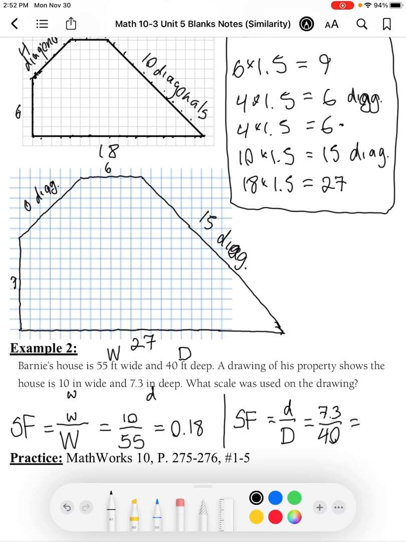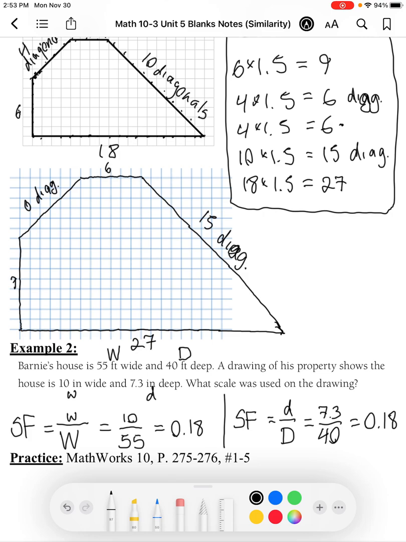And if I divide those on a calculator, you guys can't see this, but you could do it on a calculator, I also get 0.18. Remember, fractions are division. So I just went 7.3 divided by 40, and that gave me the 0.18. So this is the scale that was used on this drawing.